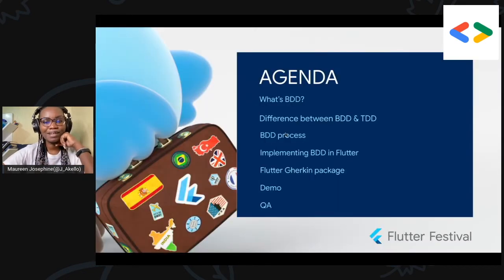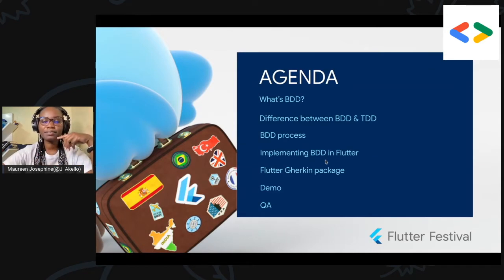So this is my agenda today. We're going to check what BDD is, the difference between BDD and TDD, which most people always confuse, the entire BDD process and how it actually works, and how to implement BDD in Flutter.